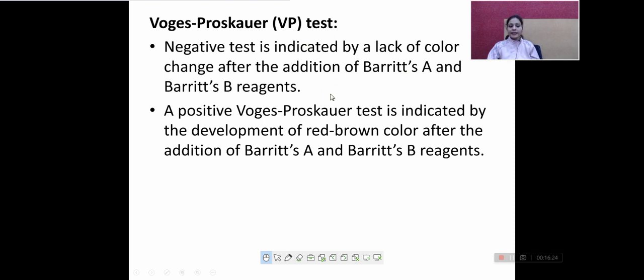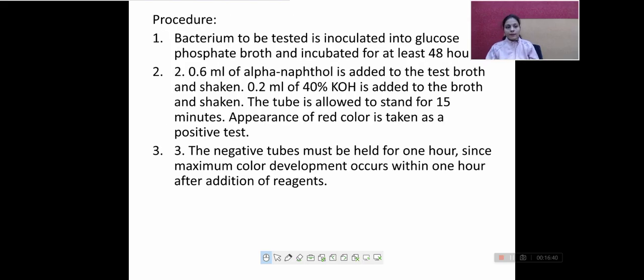Procedure: the bacterium to be tested is inoculated into glucose phosphate broth and incubated for at least 48 hours. 0.6 ml of alpha naphthol is added to the test broth and shaken. 0.2 ml of 40% potassium hydroxide is added to the broth and shaken.